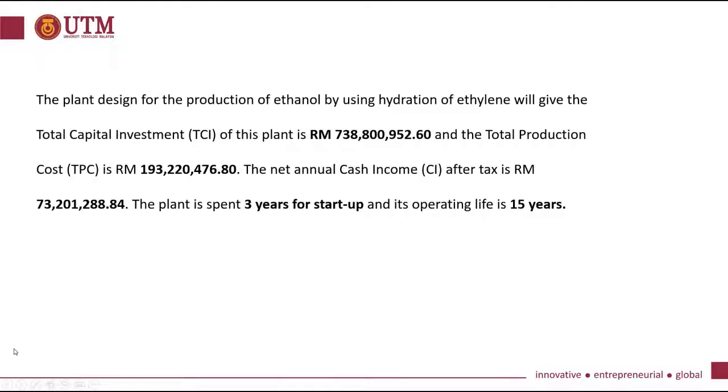And for the conclusion, we have considered all the aspects to build the plant. The plant design for the production of ethanol by using hydration of ethylene will give a total capital investment, TCI, of this plant of 738,800,952.60, and the total production cost, TPC, is 193,220,476.80, and the net annual cash income after tax is 73,201,288.84.